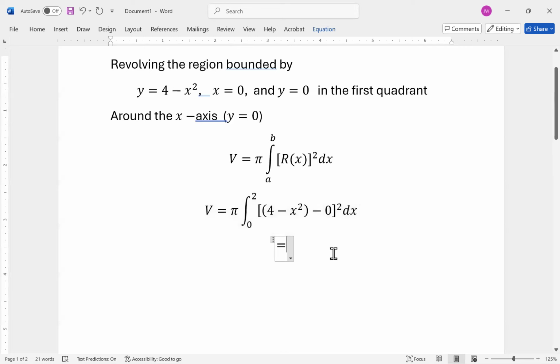Now, what I tend to do when I integrate is I tend to just use my calculator's integration feature and being able to use a definite integral on that. If you want to, you can obviously do this by hand as well. You just have to multiply out some polynomial and do some simplification.